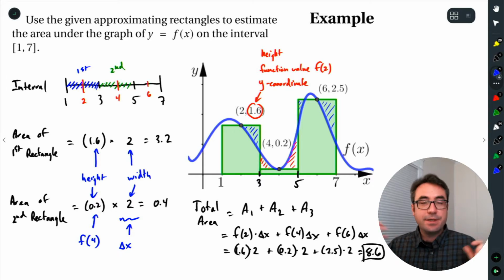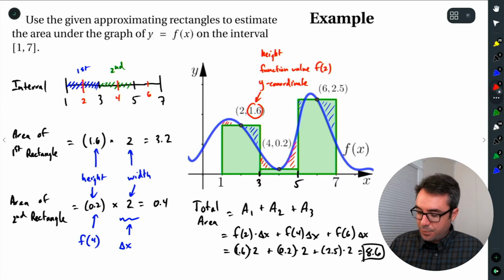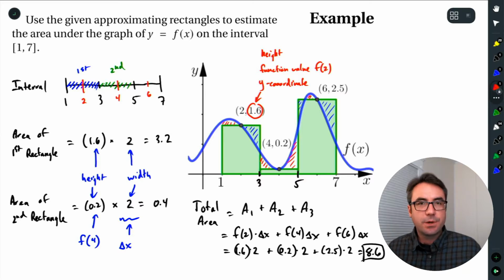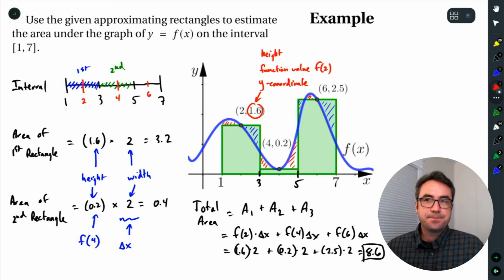Those are sections that were inside our rectangle, but not really under the curve. So there are portions where we didn't do enough, and portions where we did too much. In the end these are approximations, but we can make them better. We can get these more accurate.